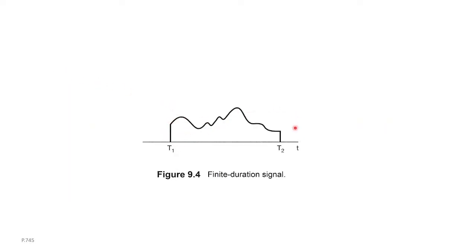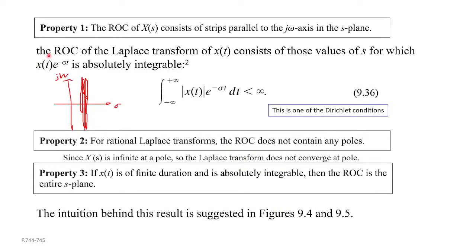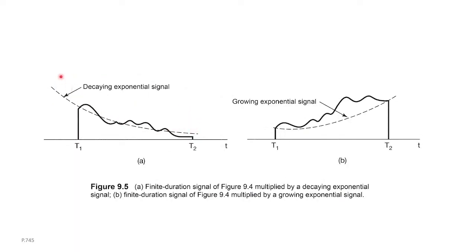You already have x of t, and you are just multiplying it with another e to the minus sigma t, and sigma might be positive or negative. If sigma is positive, you are multiplying by a decaying exponential, and if it's negative, by a growing exponential. But if your x of t is already absolutely integrable, then multiplying by those exponentials is still absolutely integrable.